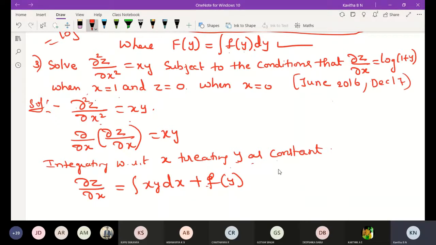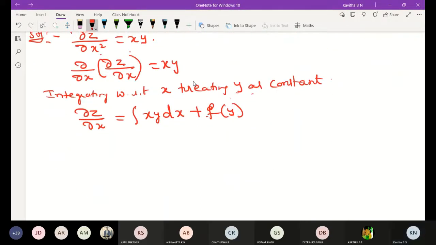Then do the integration here. Integration of x into dx is x square by 2 into y plus f of y. Del z by del x is equal to x square by 2 y plus f of y.